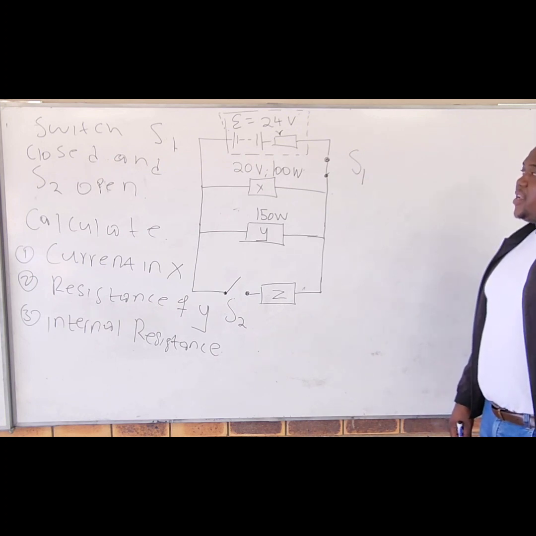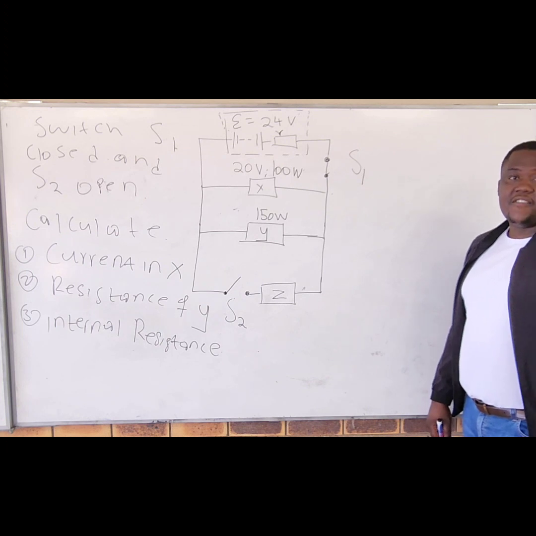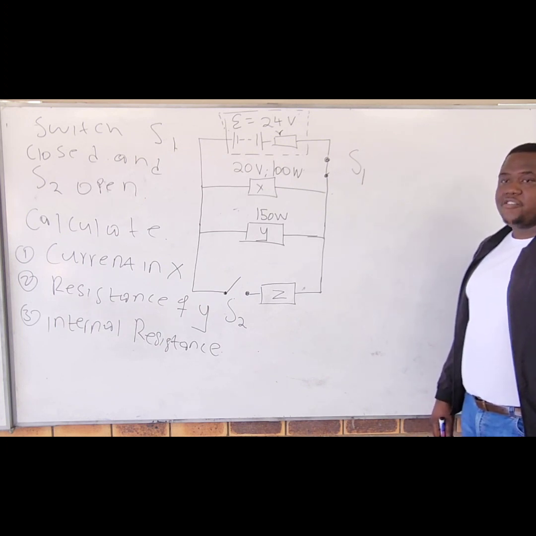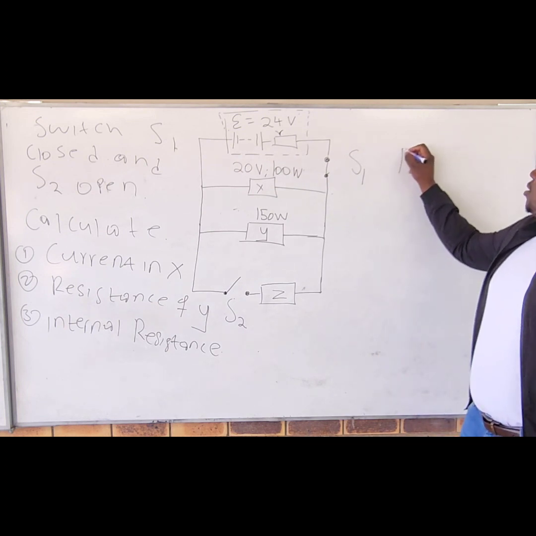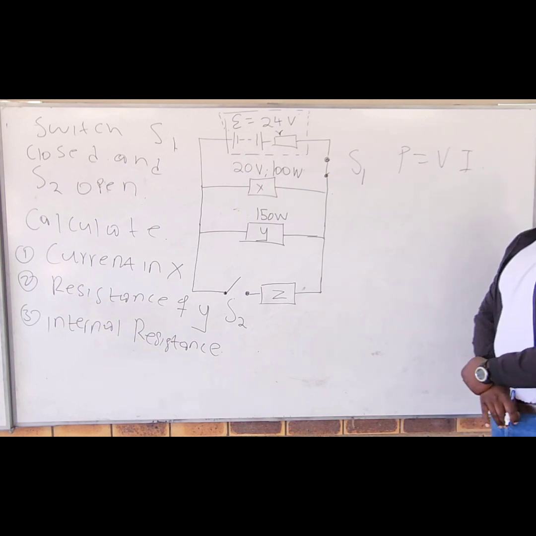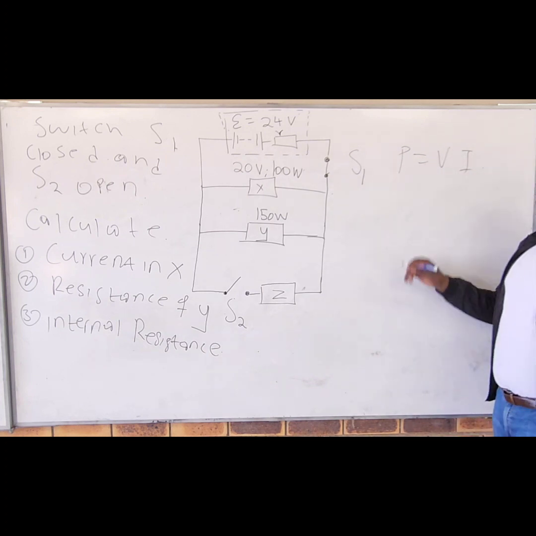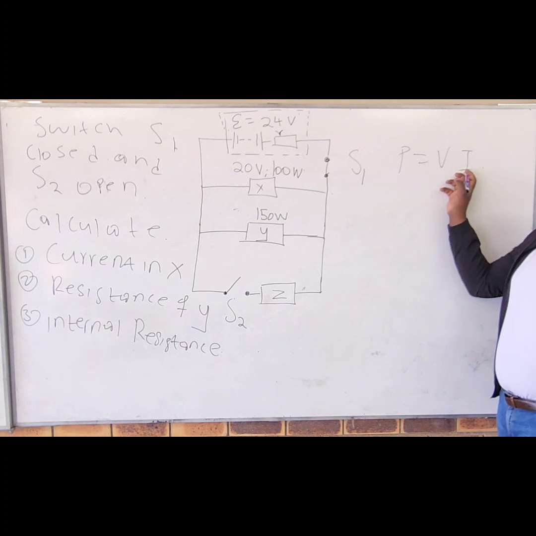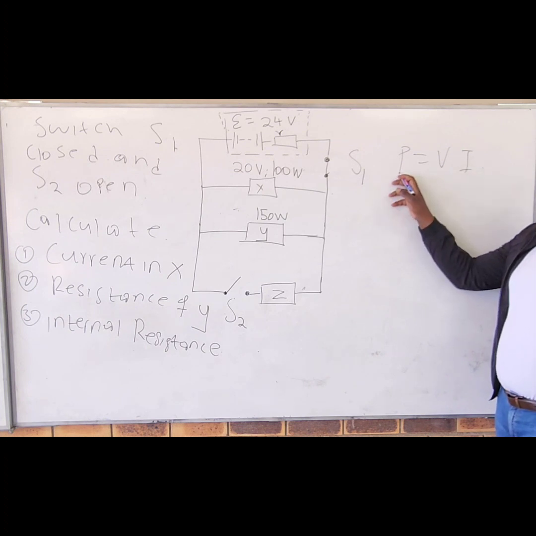So now, they say calculate current at X. At X we're given the power and the voltage. So, from the formulas of power, we look for the formula which has got current, right? And that formula is P equals VI. It's straightforward. It has got voltage and current and power. Power was already given.